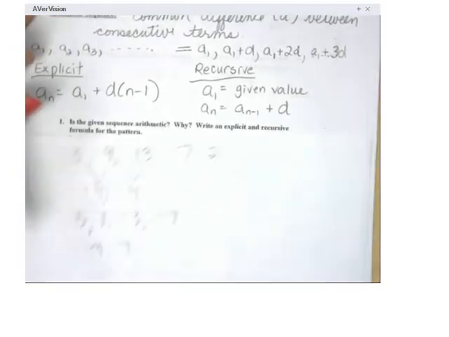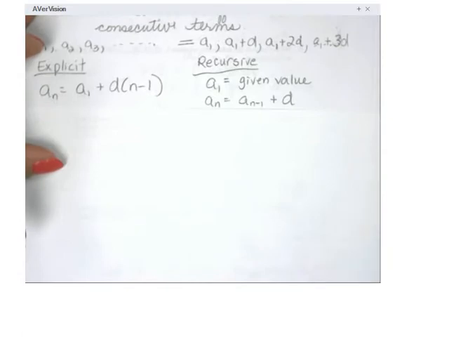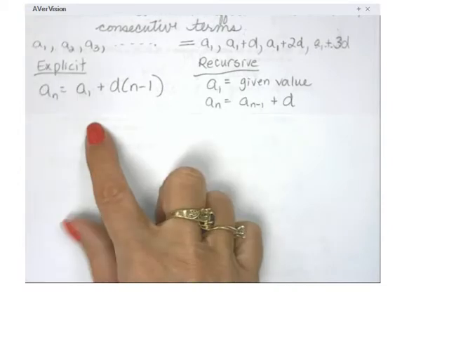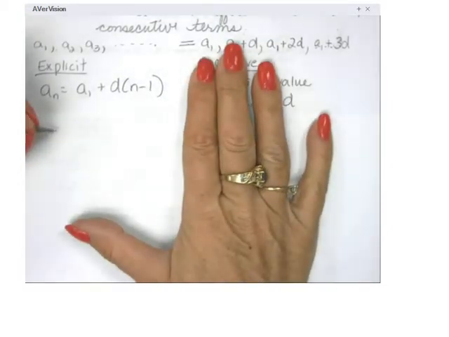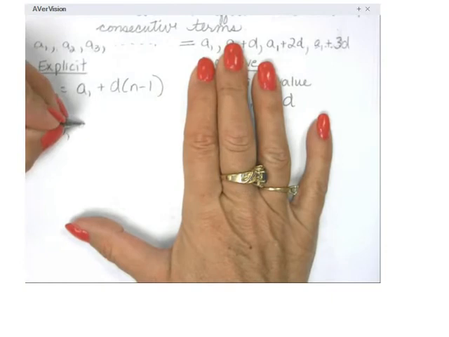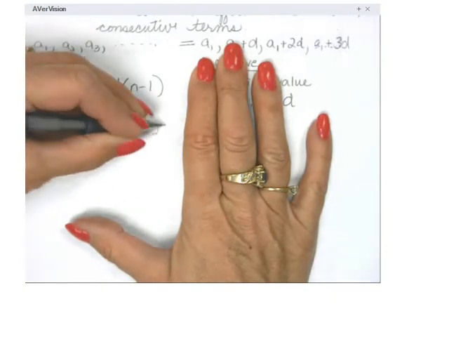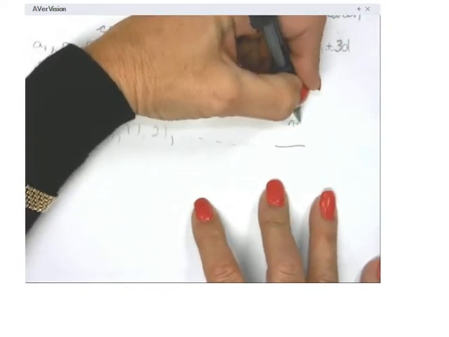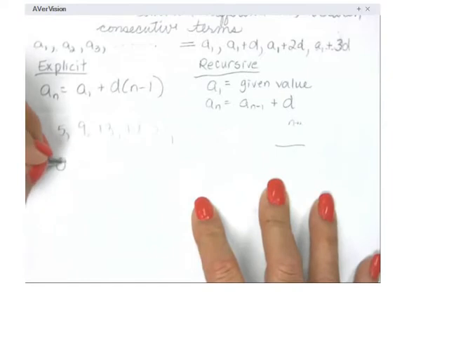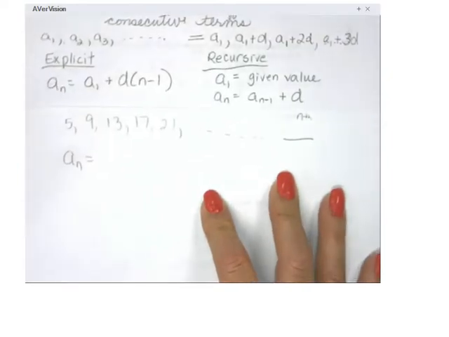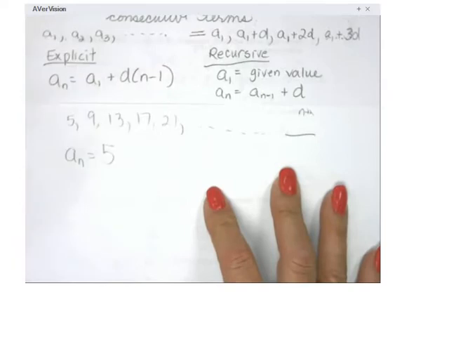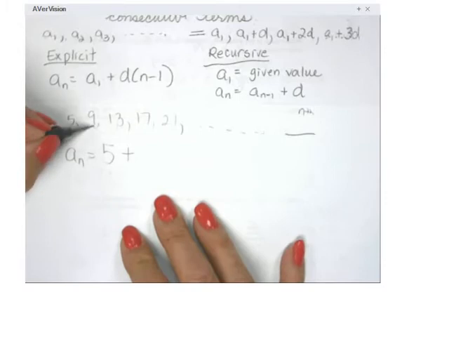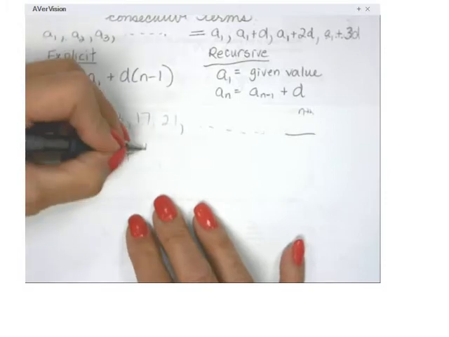So if we want to write an explicit rule for this, arithmetic sequences are, as I said before, very easy to write the pattern. Explicitly, I'll do it with my number example, the 5, 9, 13, 17, 21. If I want to find this nth term, a sub n, I know I have to start with 5, and then I keep adding on this common difference, which in my case is 4.